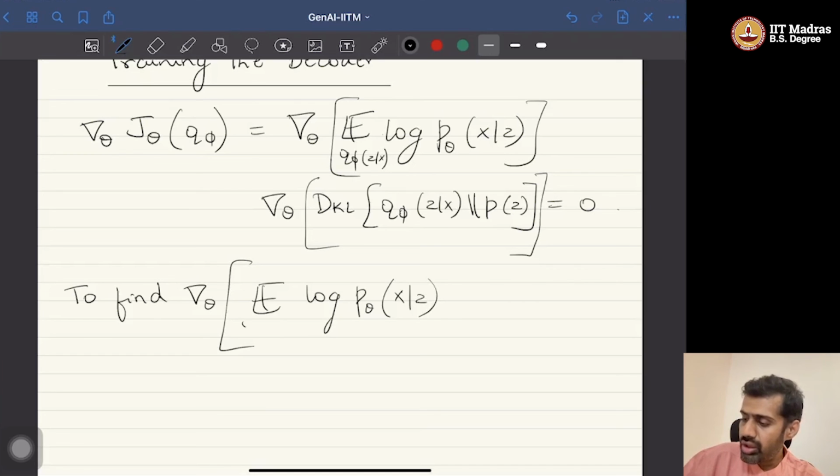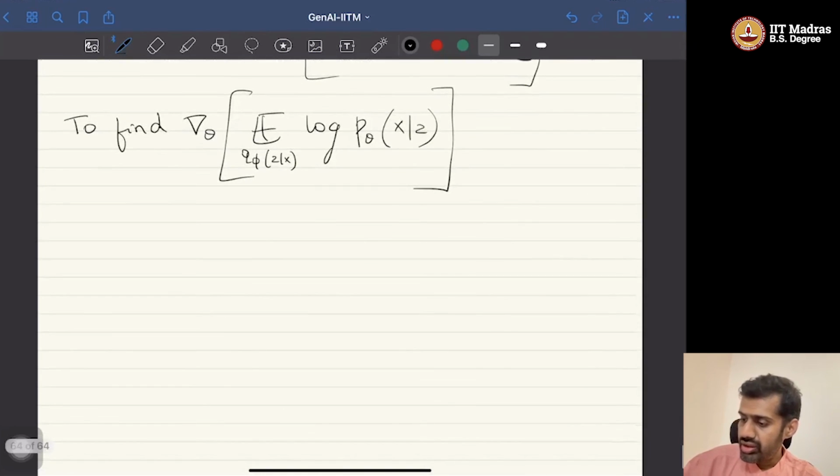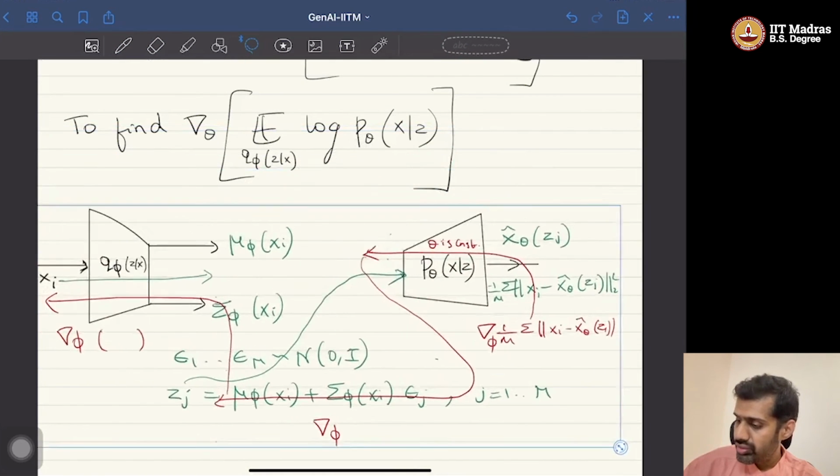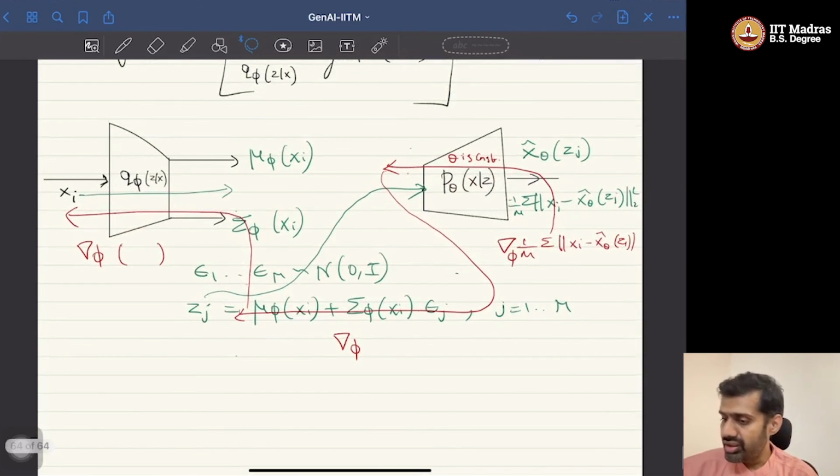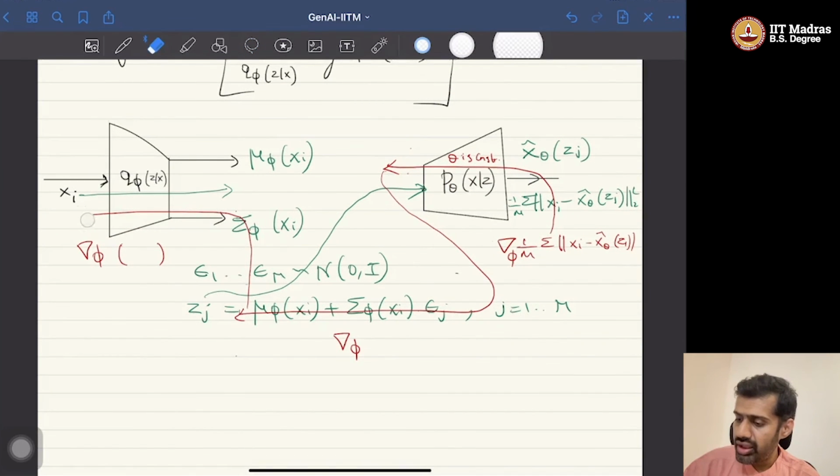It's very similar to the encoder gradient computation. It's the same thing, but you don't have to pass the gradients through the encoder network.